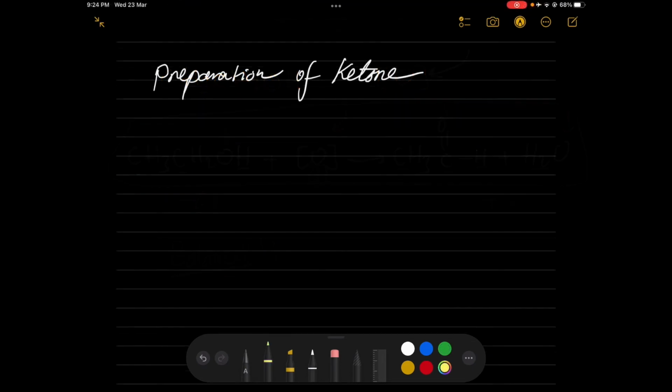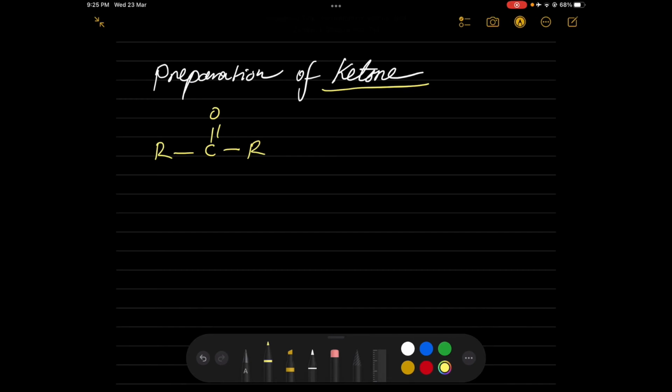Let's start with the second part of the carbonyl compounds. In the previous video, we talked about the preparation of aldehydes. So how can I prepare a ketone by a chemical means? First, let's remember what a ketone is. A ketone is an organic compound that contains a carbonyl double bond between 2 R groups, which are alkyl groups.